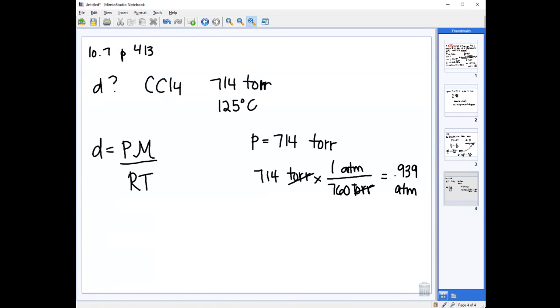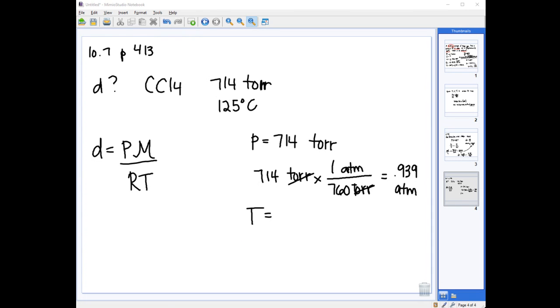What about my temperature? Can I leave it in degrees Celsius? No. What do I need, and how do I get there? Kelvin, right? So how do I get from Celsius to Kelvin? What do I have to do to that temperature? Yes, good, add 273.